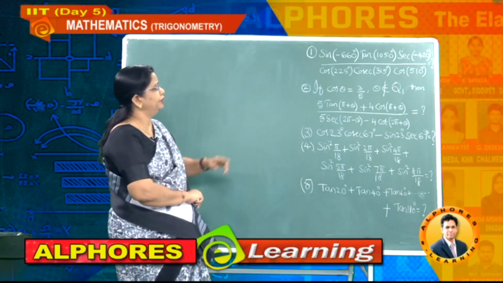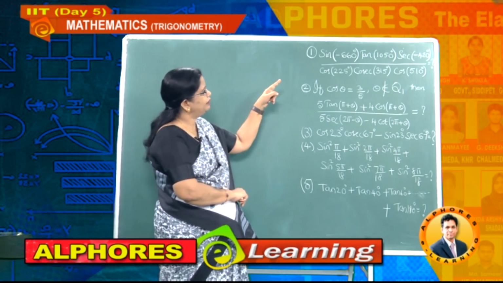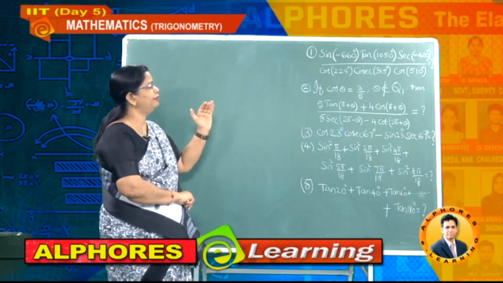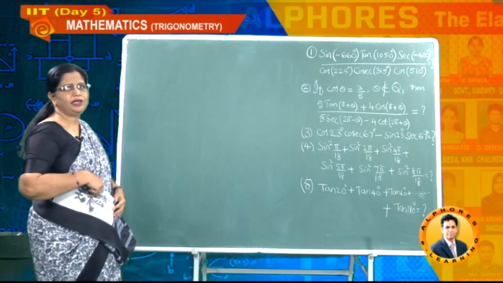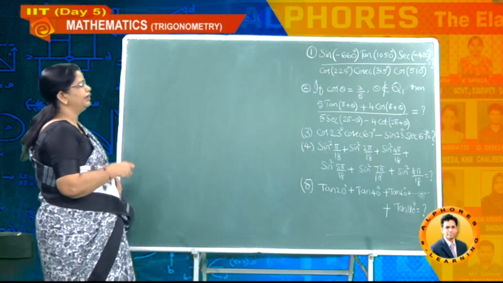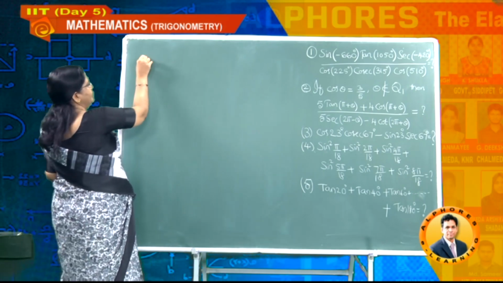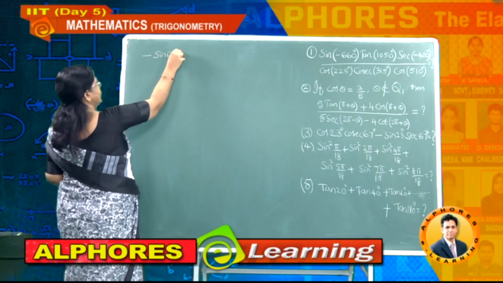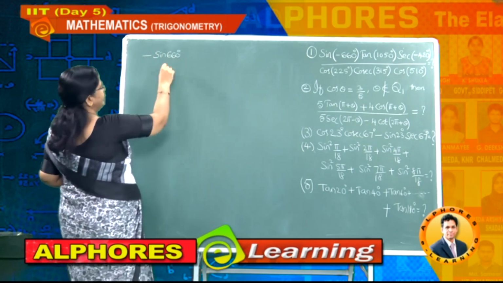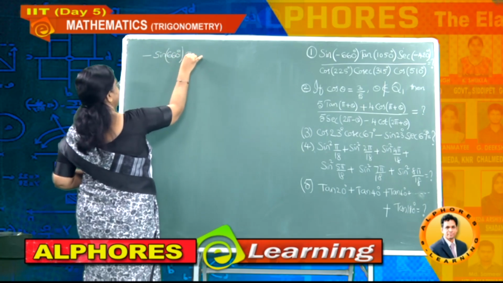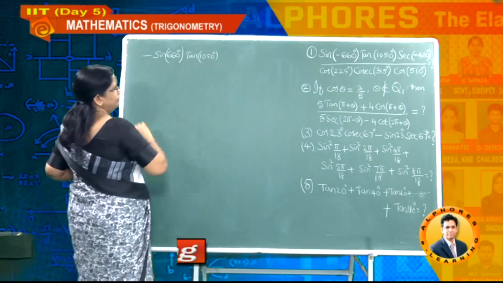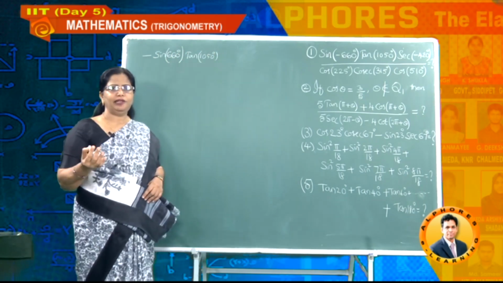Okay. Now observe first of all some negative symbols are there in the problem. In the first one, sine of minus theta. What is sine of minus theta? It is minus sine theta. So first I am writing minus sine 660 degrees into, there is no minus symbol, so I am writing as it is, that is tan 1050 degrees, and afterwards it is secant of minus theta.